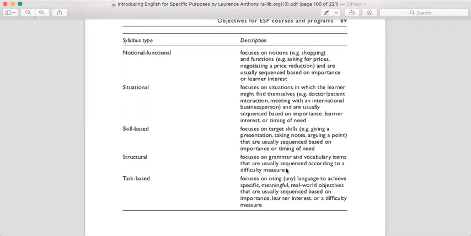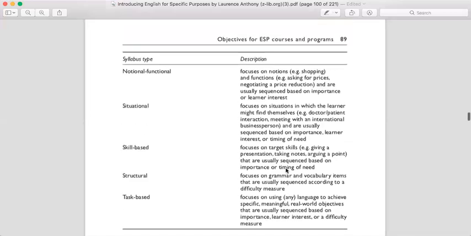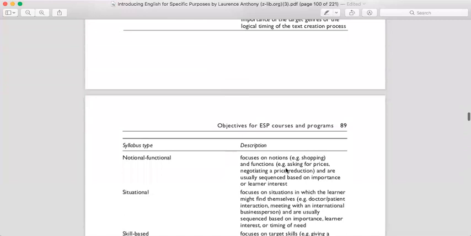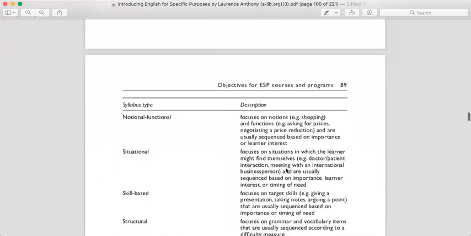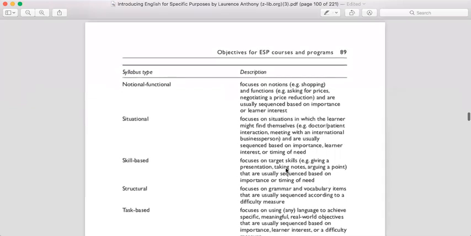These are task focused and these are meaningful with real world objectives, and these are sequenced according to their importance, learners' interest, and maybe difficulty level also. So these are some of the syllabuses that go along with the methods as well. So now you have the knowledge of methods, how to teach, and you have the knowledge of the syllabuses, how syllabuses are designed and how those can be taught.